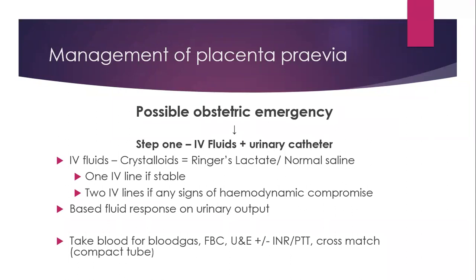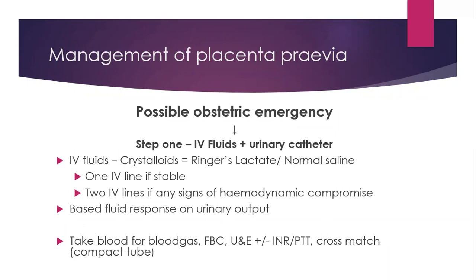And then while putting up your IV line, it's easy to do the bloods for blood gas, FBC and U&E to see your HB, but also INR and PTT to assess your coagulation status, and then to do a cross match.